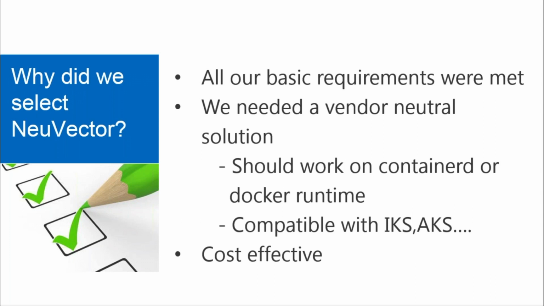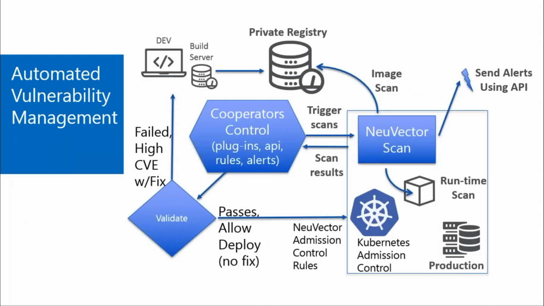Now, let me give you a practical example of how we automated and how we took NeuVector as a security tool and added it to our normal CI/CD process. A developer builds an image. As I said, we want to control a few registries for operational efficiency. At the same time, we give 100% freedom to developers.